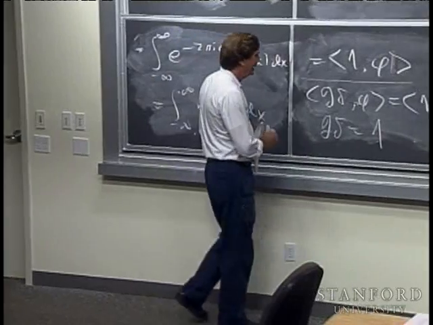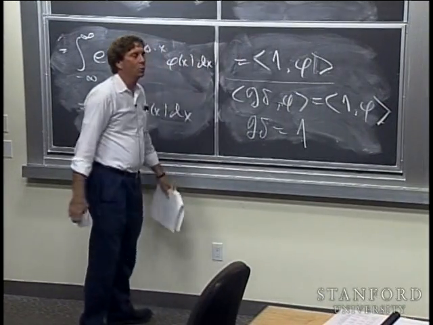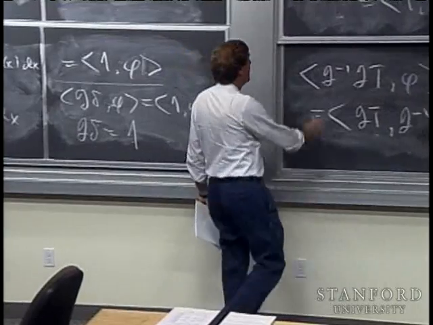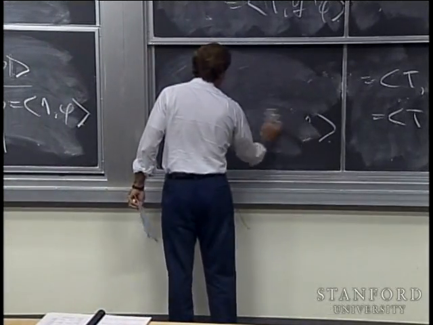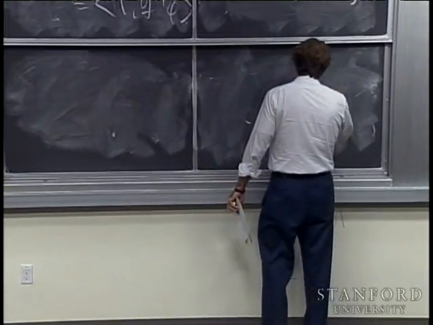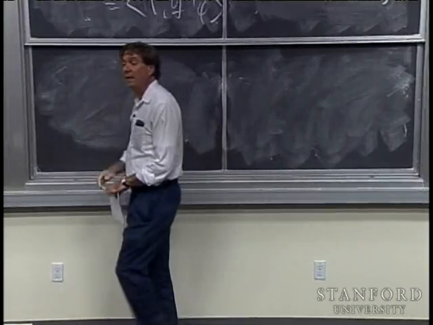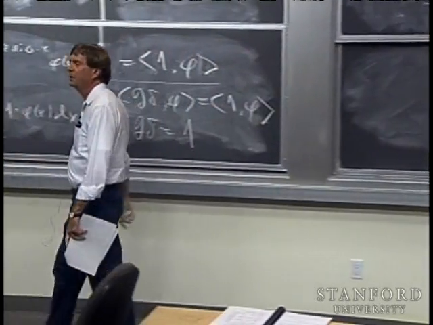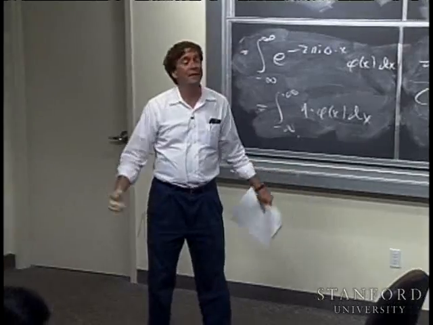Because it works so nicely and so easily. By the way, this is another example of, as a matter of fact, this may be the extreme example of the dual relationship between concentrated in one domain and spread out in the other domain.